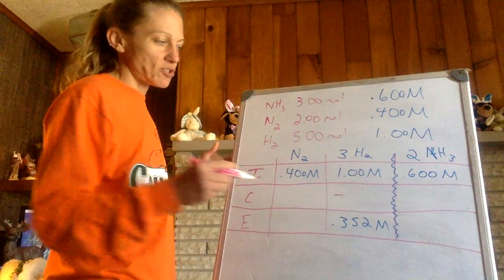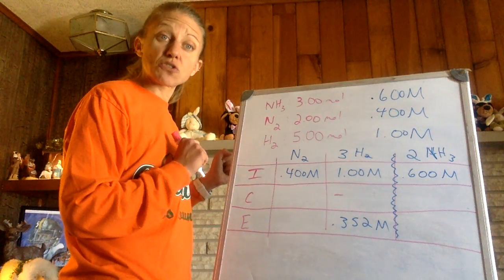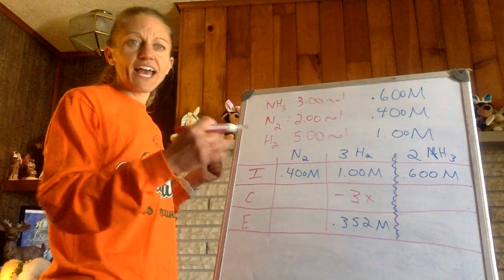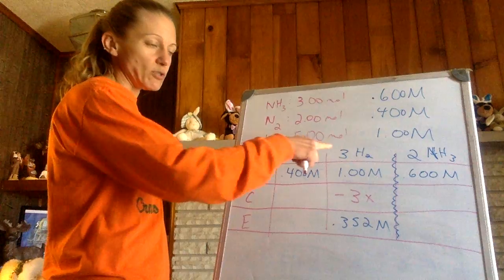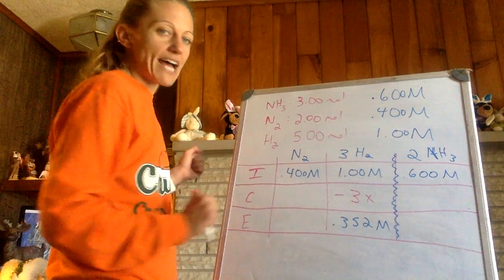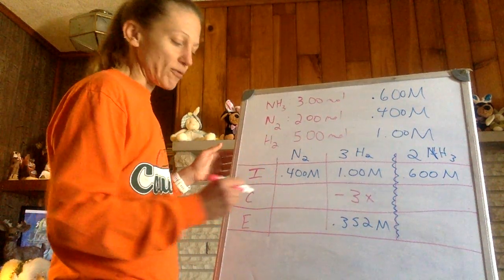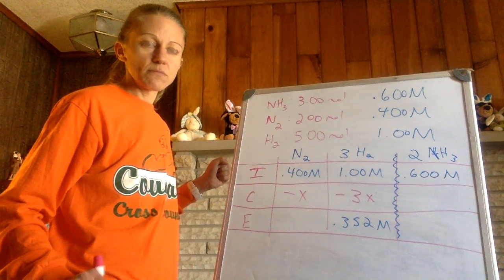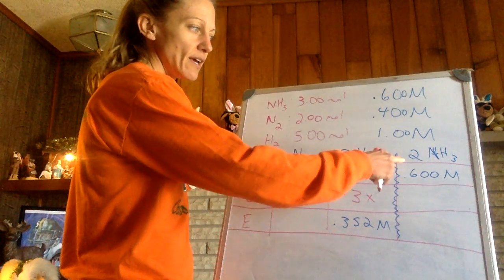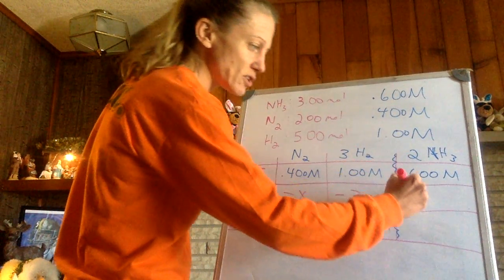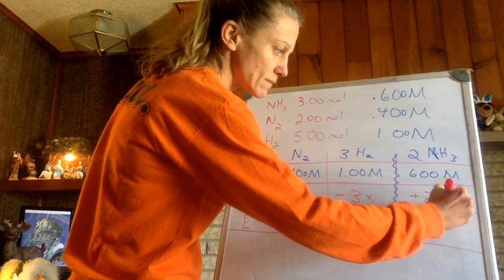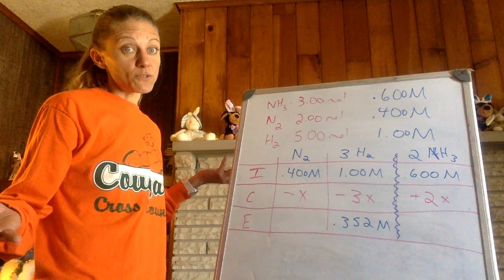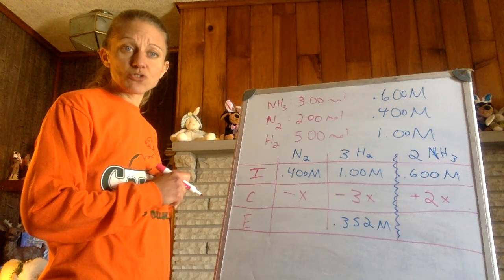Since my coefficient is 3, I have lost 3X there. I'm losing from the reactants, and this 3 is that 3. So here there's no coefficient, well, 1, so minus X. And over here, it's in my products, coefficient is 2, so plus 2X. Good start. That's my change.